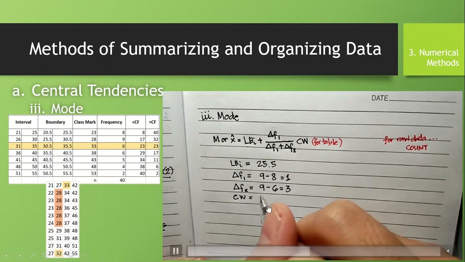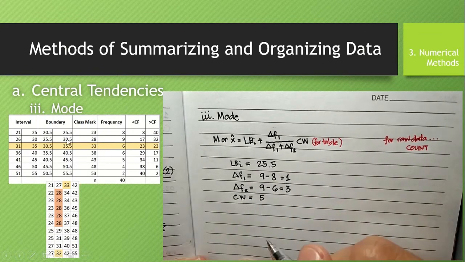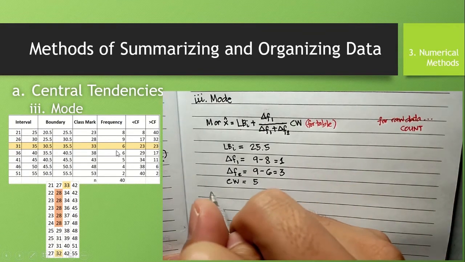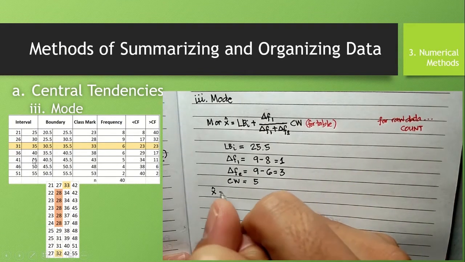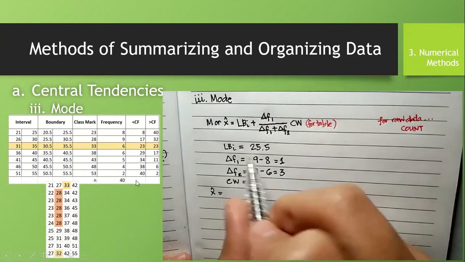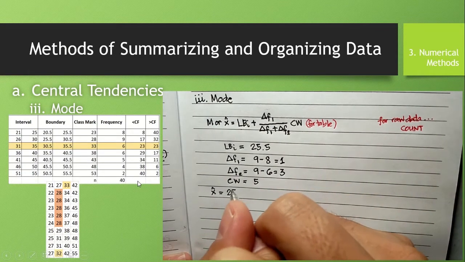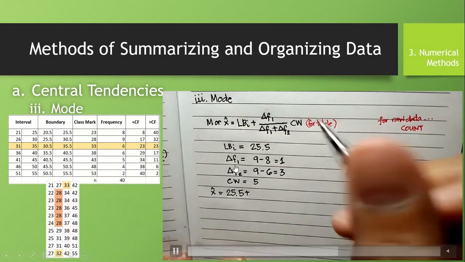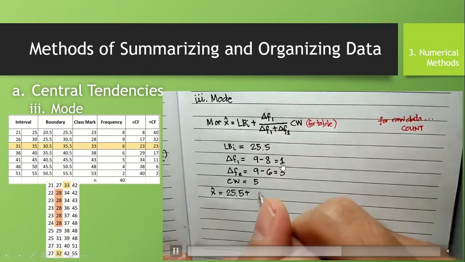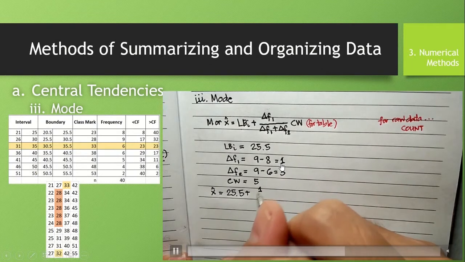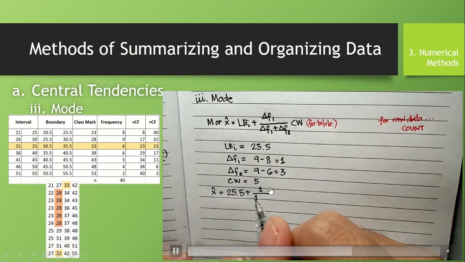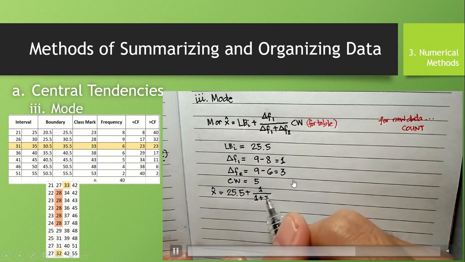Of course, the class width is still 5. It will be constant for all these as long as we use these values or data. Then substituting all of the values, you have 25.5 plus delta f sub 1, which is equal to 1, divided by 1 plus delta f sub 2, which is equal to 3.